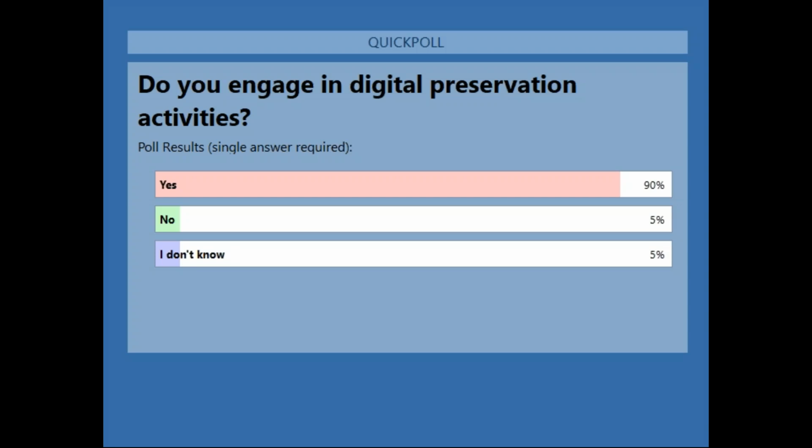Okay, the results here look pretty consistent with the last poll. So we're seeing 90% say yes.